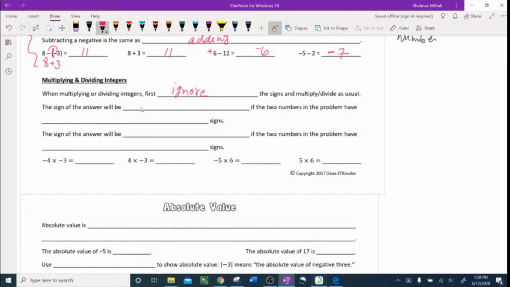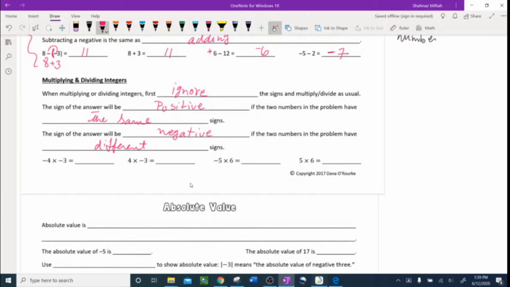The sign of the answer will be positive if the two numbers in the problem have the same signs. The sign of the answer will be negative if the two numbers in the problem have different signs. And I will give you an easy way for this too.